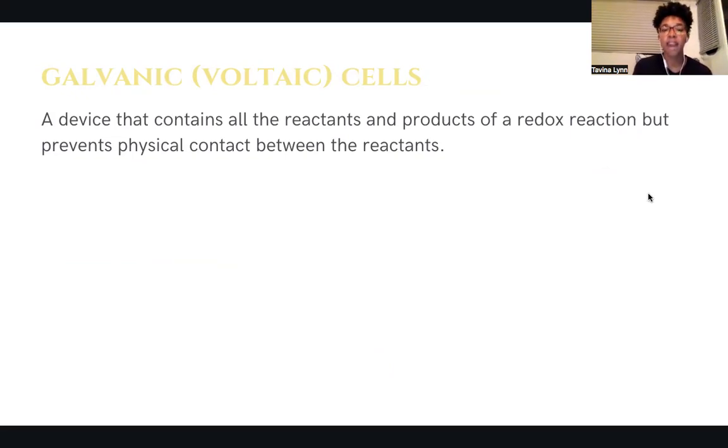This is a device where the two reactants, the one that's being oxidized and the one that's being reduced, are separated. They are not physically in contact, so the electron transfer is indirect. We can actually isolate or do something with those electrons.